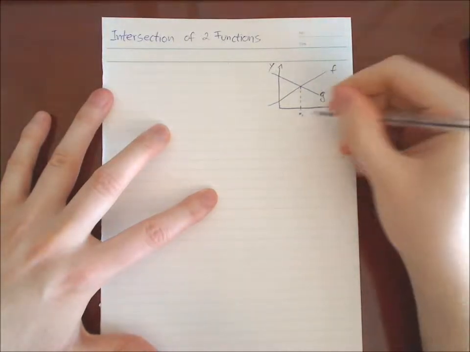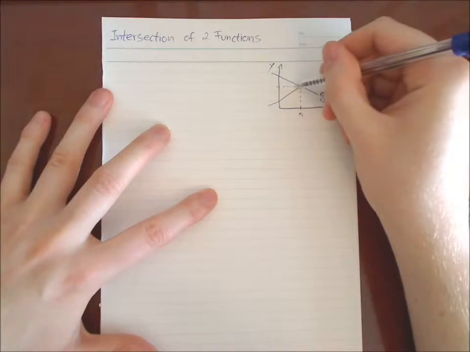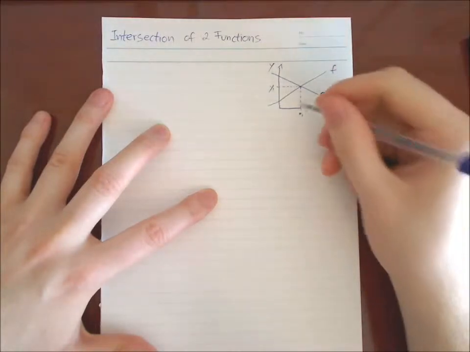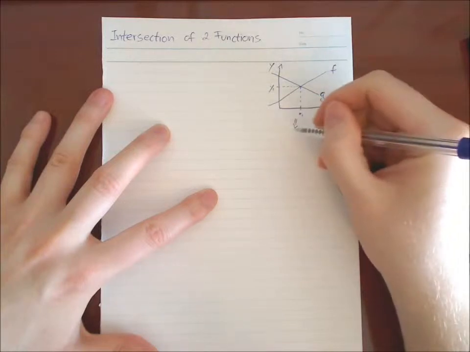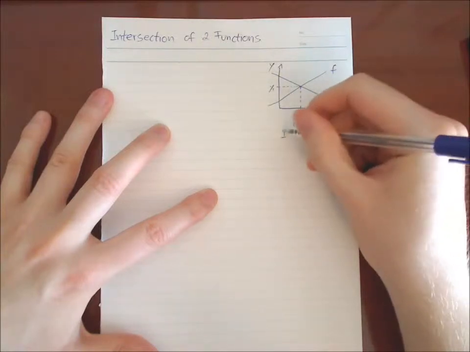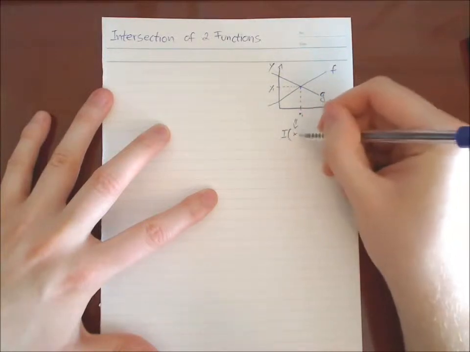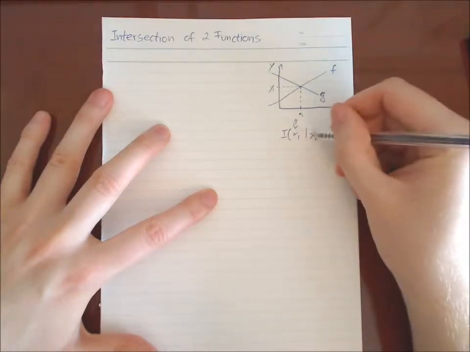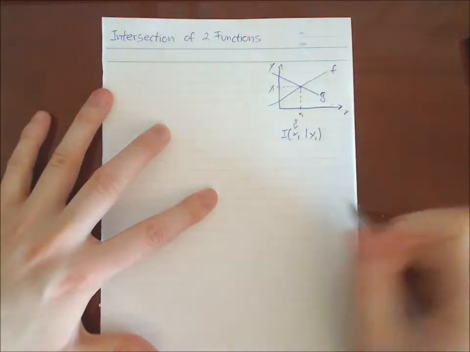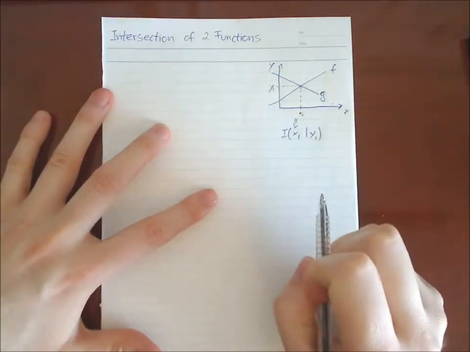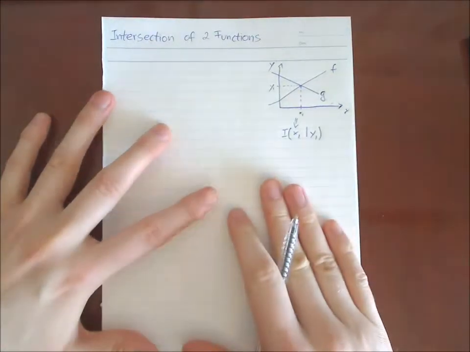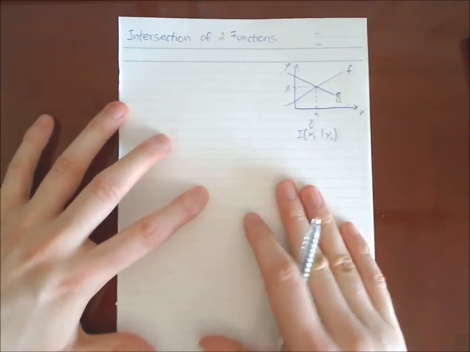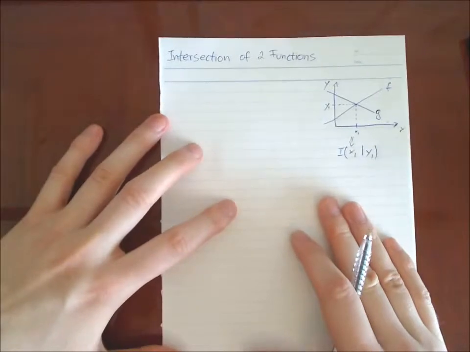So x1, you just call it x1, y1, and the intersection point we call maybe I, and the coordinates would be x1, y1. It's so easy actually. So, as I said, the principle is to equate the two functions, equate f and g.